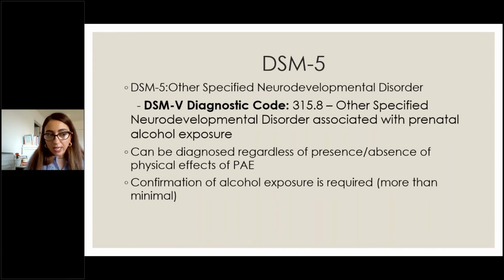So for those of you who are wondering how you can get your child the ARND diagnosis because they probably have it but don't have the facial features, under the DSM-5 we can, as long as we have a confirmation of the alcohol exposure.